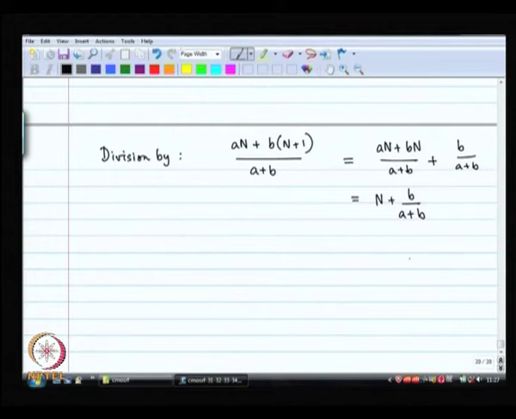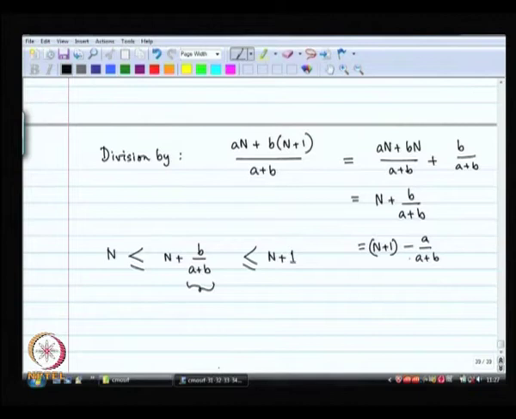Is it more than n plus 1? No, it is not more than n plus 1, it is a little less than n plus 1. So, I have managed to divide by something which is more than n and less than n plus 1. And by what fraction is it more than n? By b by a plus b.